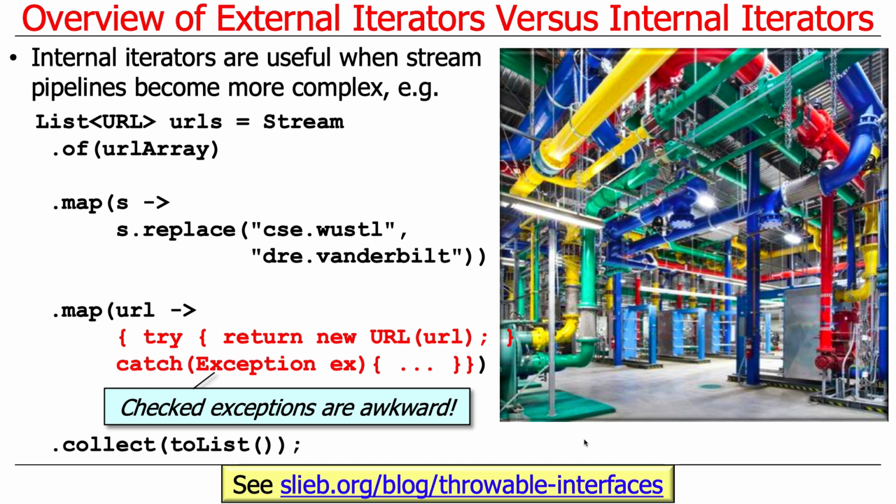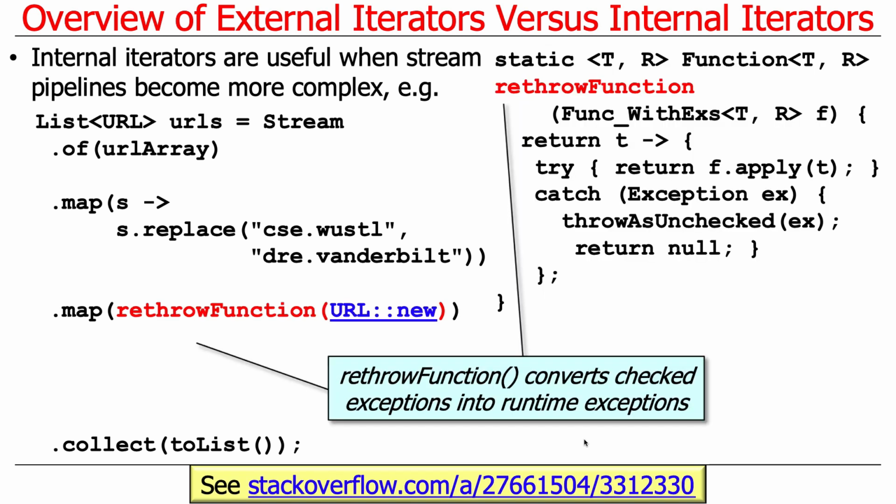Something interesting here is that whenever you have so-called checked exceptions in streams, it gets a little bit unwieldy. So here's another way to do it by using exception laundering. You can have some really cool exception laundering capability to wrap a parameter that expects a checked exception with something that will convert the checked exception to a runtime exception, or a so-called unchecked exception.